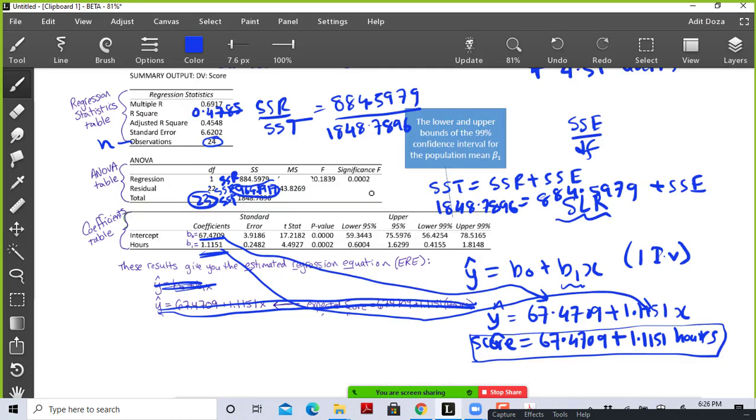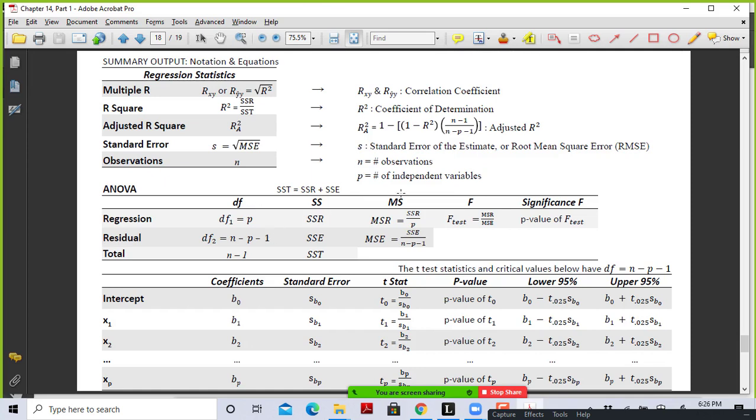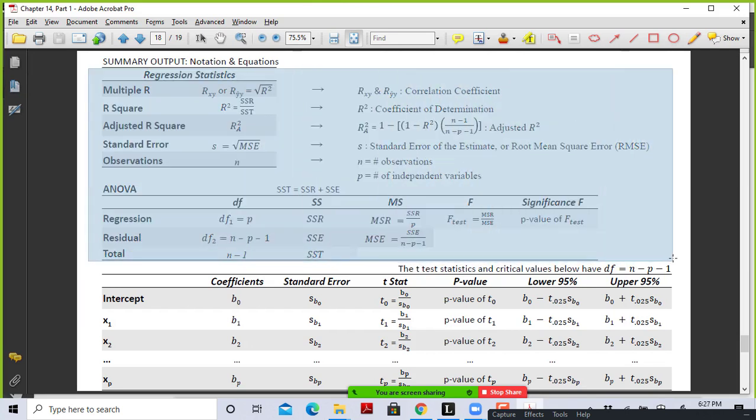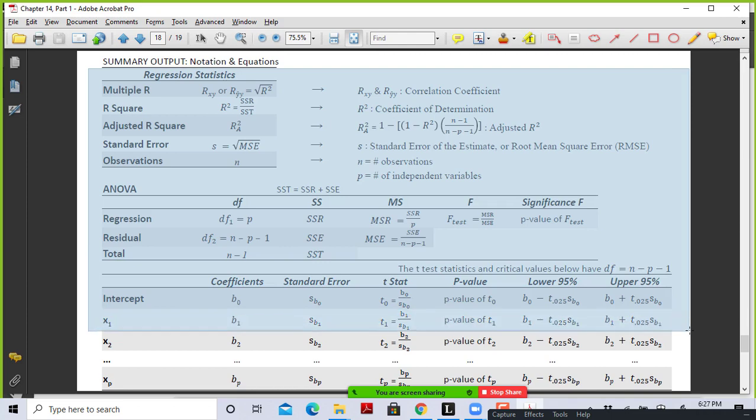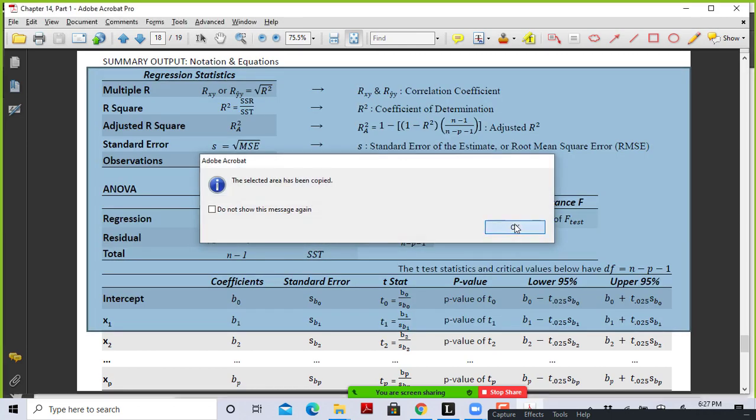So it would still be the same, 8845979. Basically you have to know all these formulas. Okay, very important. Let me just highlight this. Maybe you have to take up to this point.